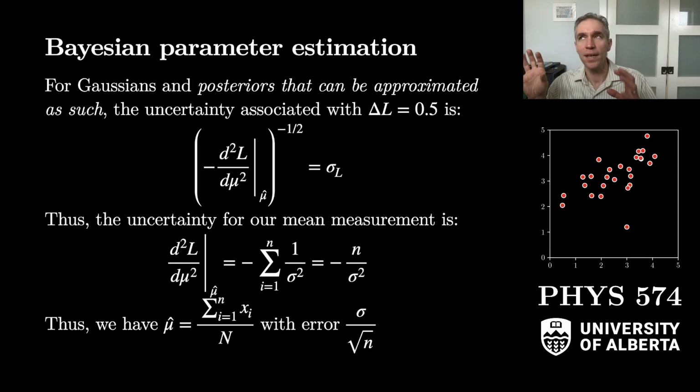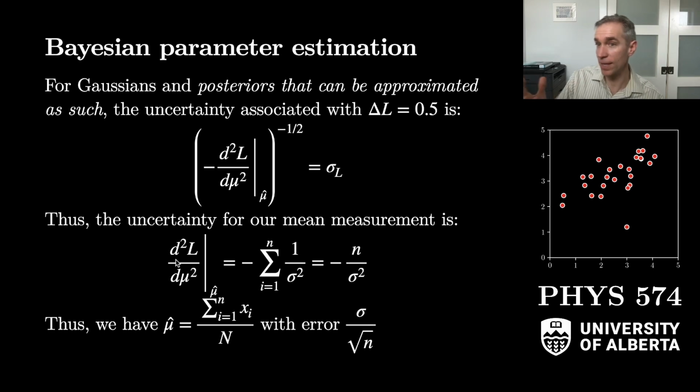As long as the higher order terms of the Taylor expansion are small, we can calculate the space over which the parabola in log likelihood space drops by 0.5, and use that to assess what our sigma is. So we calculate the second derivative, or the curvature, of that log likelihood function. We evaluate it at the mean, and given the Taylor expansion, we solve and call that equal to the uncertainty in our mean measurement.